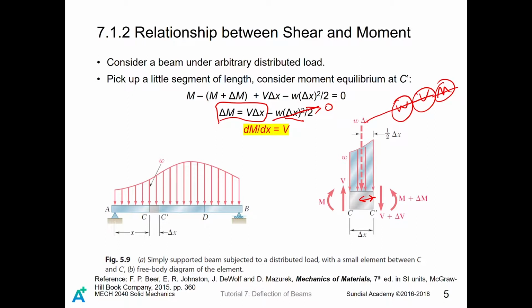Finally, we move the delta x to the left-hand side as well as write it in the differential form. We get dM/dx equals V, which means the internal shear force inside a beam equals the derivative of internal moment with respect to x. For this, just now we know that W equals minus dV/dx.